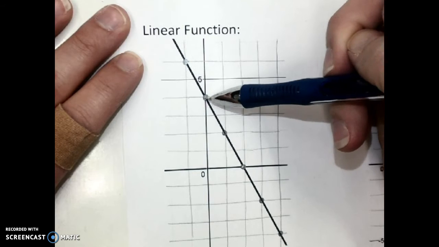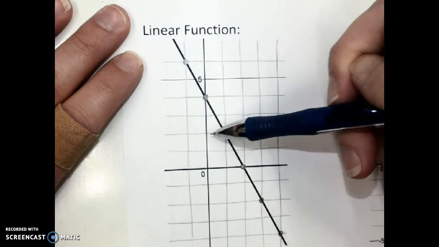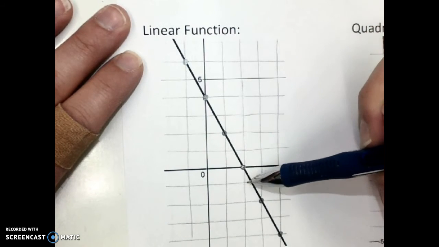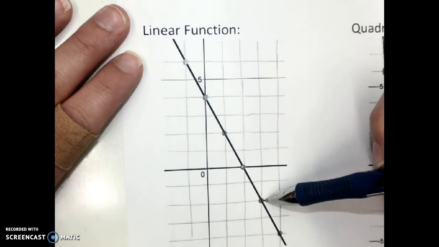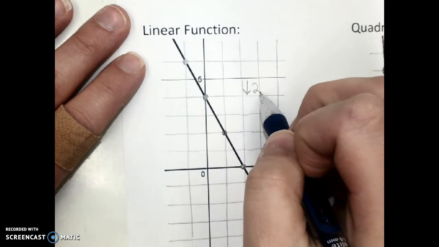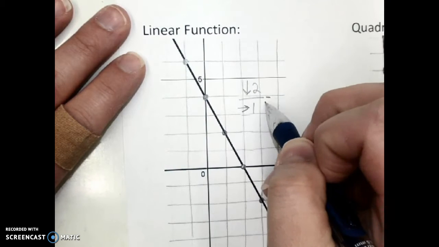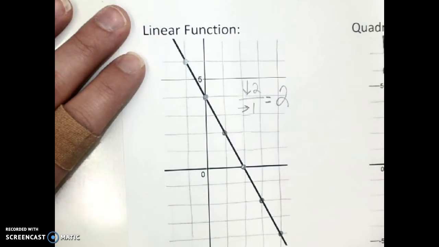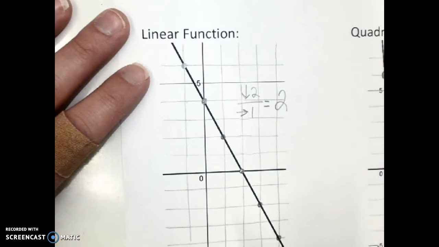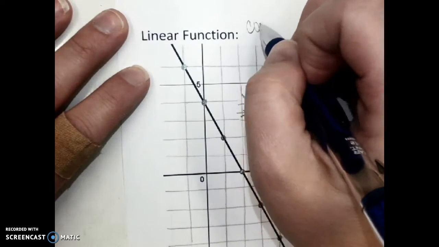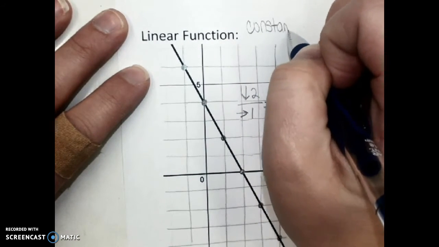I'm still going down 2, right 1 every time, so I have a slope of negative 2. When the slope is the same everywhere on your graph, it's called a constant rate of change. Linear functions will have a constant rate of change.